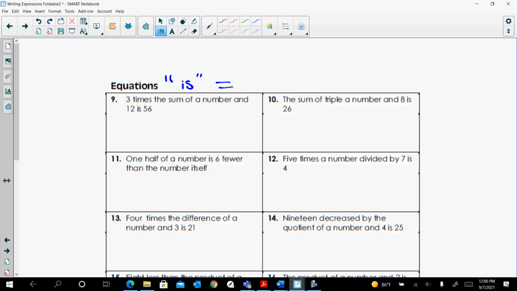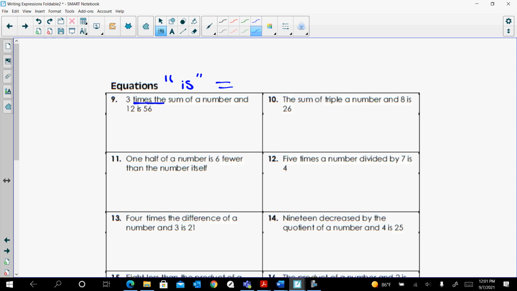All right. So on our first one, we have the phrase 3 times the sum of a number and 12 is 56. This first part right here, it says times the. What does that indicate? Yes, it also indicates something else. Go back to your foldable, or go back to the front page.